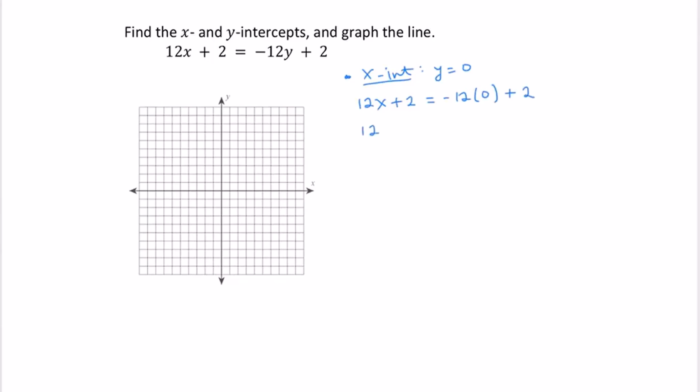So that is 12x plus 2 is equal to 2. Minus 2 over. And we have 12x is equal to 0. Divide out the 12. So x is 0. So the x-intercept is the point 0, 0.